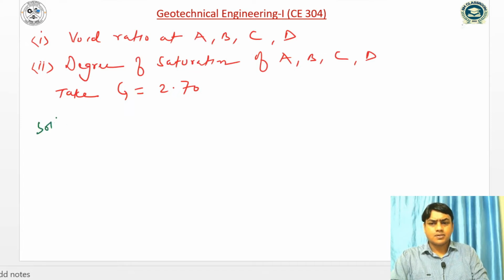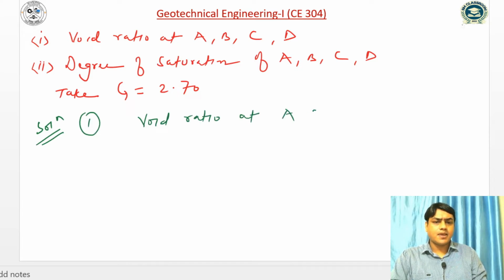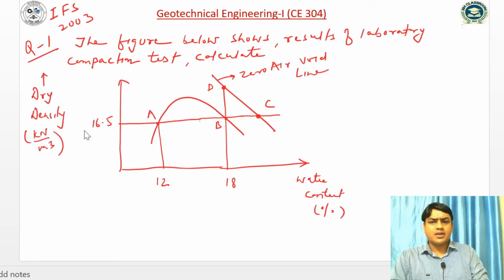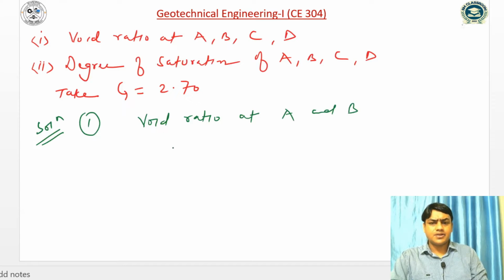With the help of that, we can compute the void ratio. First part, void ratio at A and B. Here at A and B, the dry density is given as 16.5 kilonewton per meter cube.